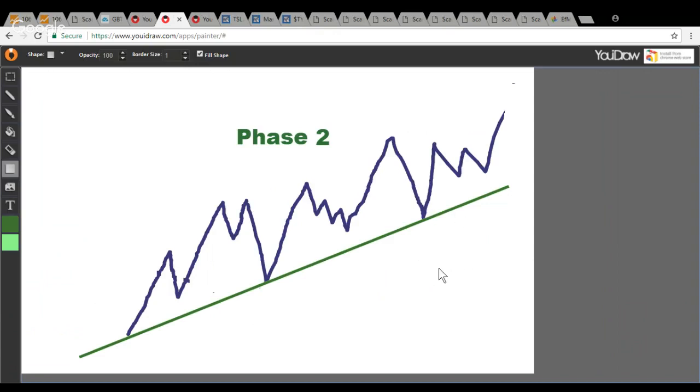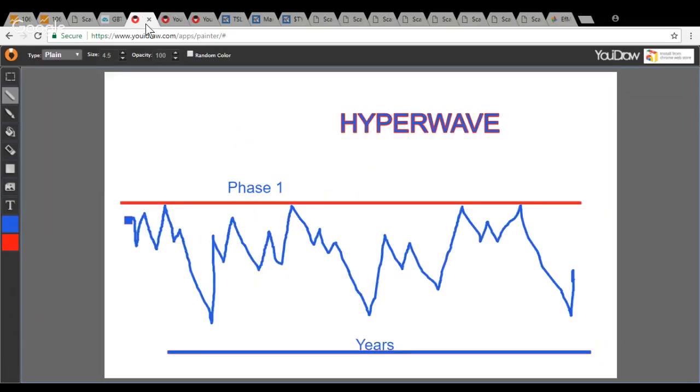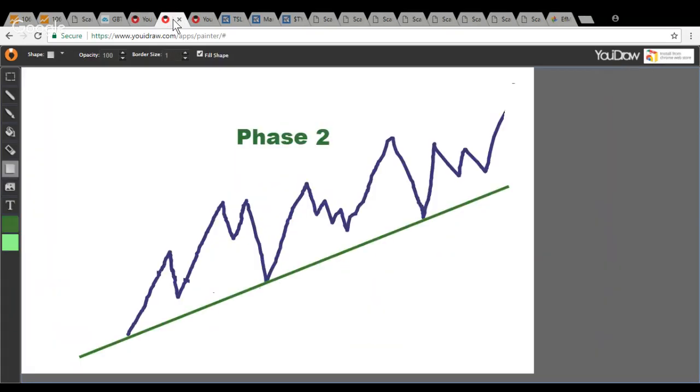Now, where I said it was 1 in 1,000 in phase 1 that will turn out to be a hyperwave, it's 1 in 4 in phase 2. Once you get this kind of activity following a long phase 1 period, you've got approximately a 1 in 4 chance that this is going to develop into a hyperwave.